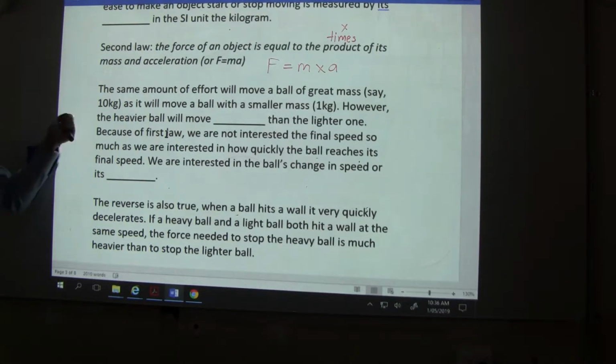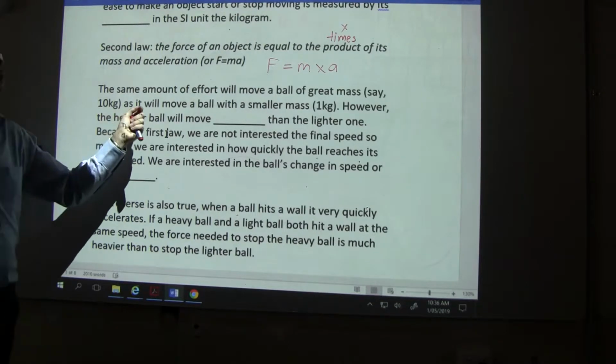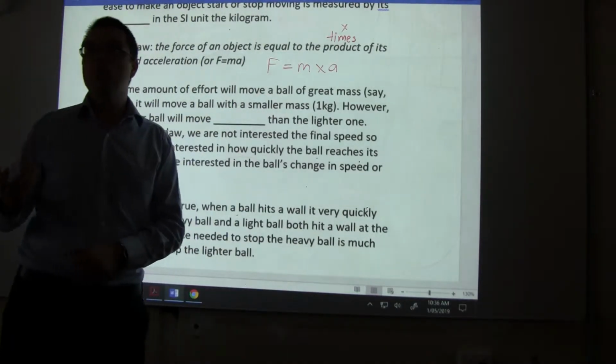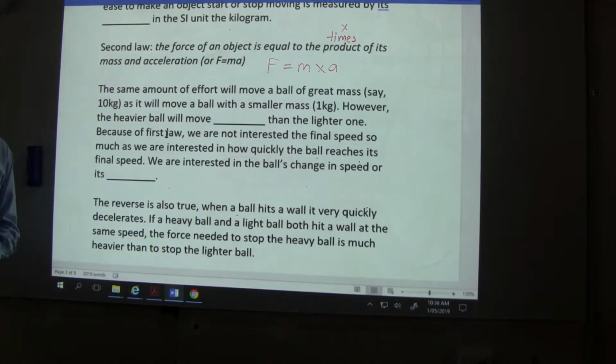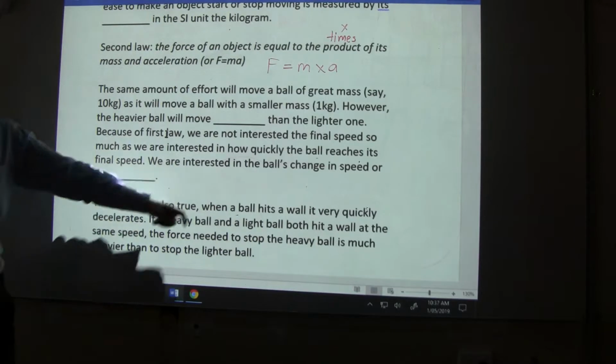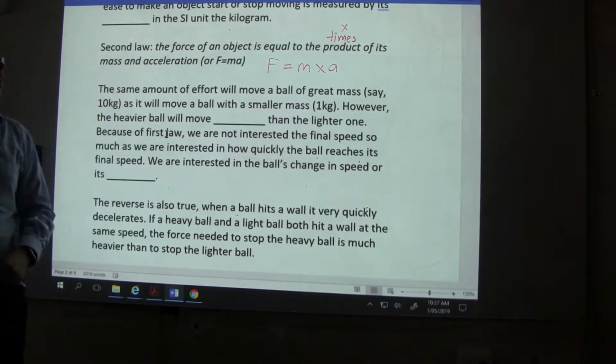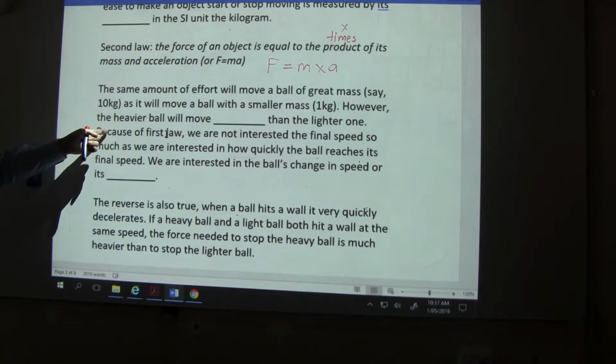Okay, the same amount of effort will move a ball of great mass. Let's say I have a 10 kilogram cannonball, and I also have a smaller ball that weighs 1 kilogram, like a cricket ball. The cricket ball is not 1 kilogram, but we'll run with it for the moment.